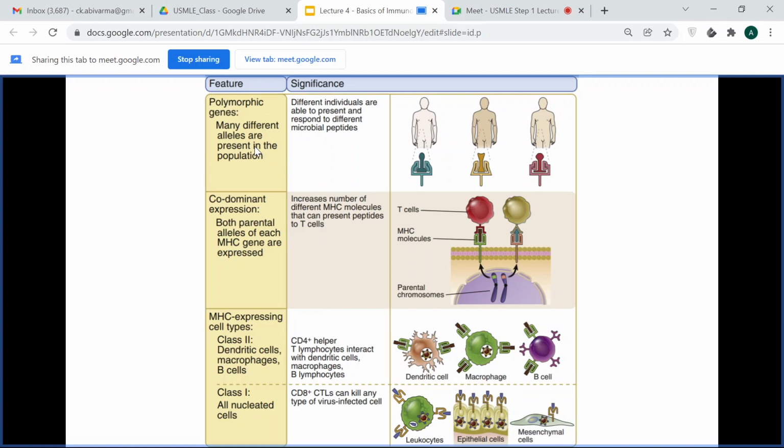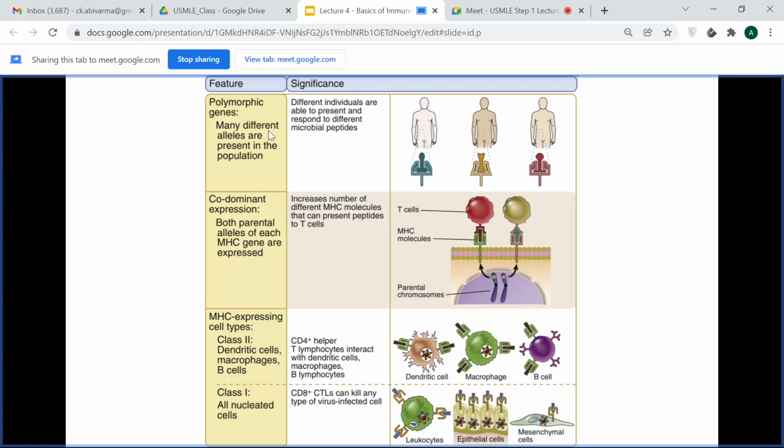A polymorphic gene is when there are multiple different types of alleles in the population. We'll go over the specifics, but just know that it basically means variation. There are many variations in an MHC class molecule, and different individuals would express different MHC molecules. Those can also present different types of microbial peptides. So you can see the advantage there.